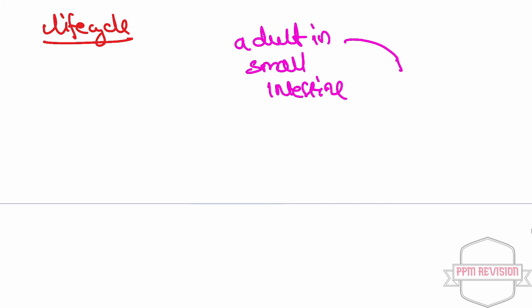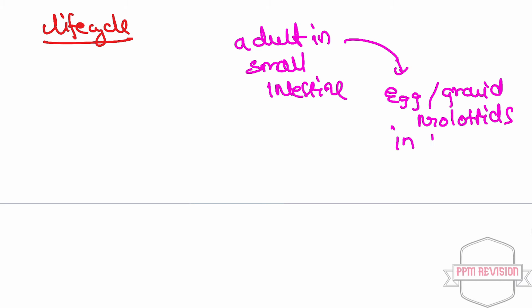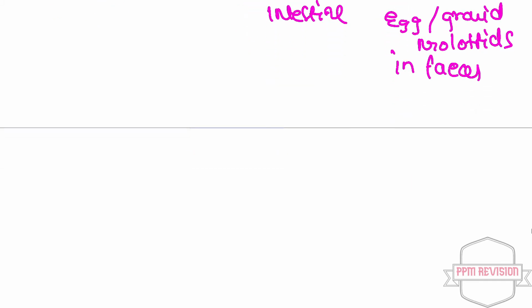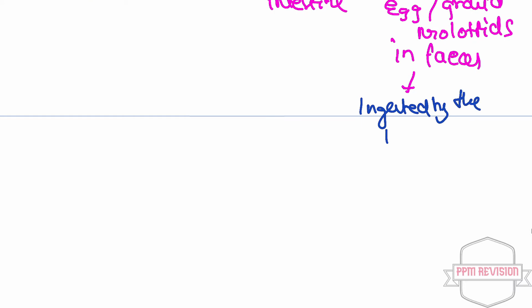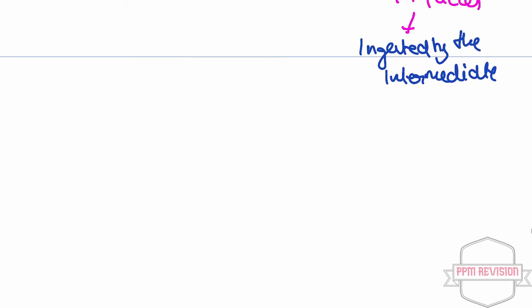Now what happens is these eggs or the gravid proglottids are in the feces. Next, in this stage, it is ingested by the intermediate host. In this case it's the pork, the pig, and then it goes to the oncosphere.